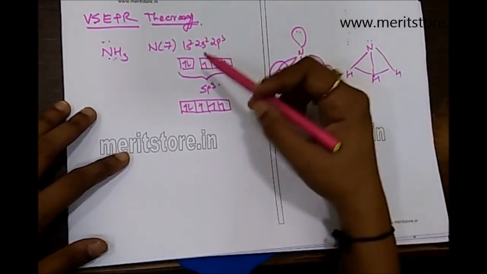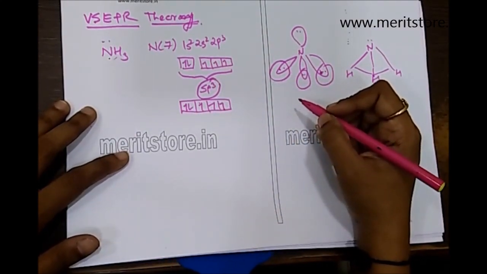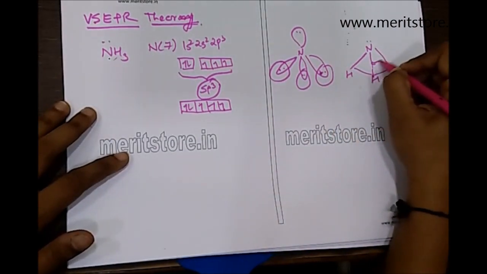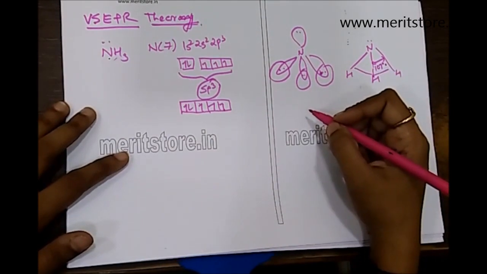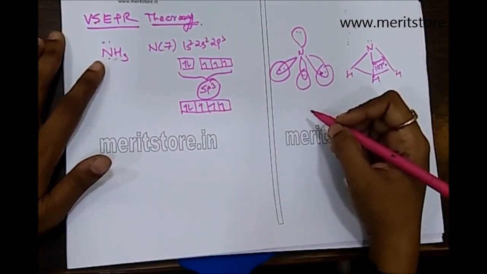So usually we expect the tetrahedral geometry for sp3 hybridization, but now it is distorted to the pyramidal geometry with the bond angle of 107 degrees. So whenever there is a lone pair, that always causes distortion in the molecule.